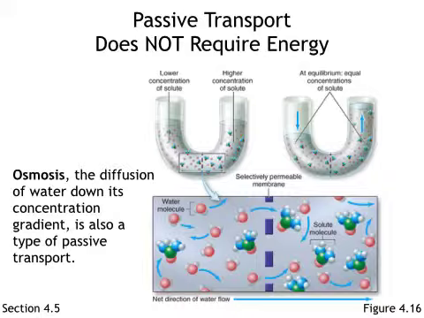So after the water level has risen, after you have more water on the right side and less water on the left side, now you actually have equal concentrations of solutes. So you have equal concentration of water and equal concentration of solute.